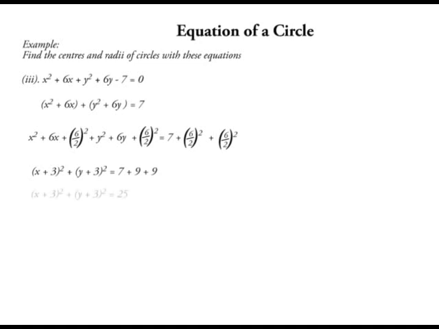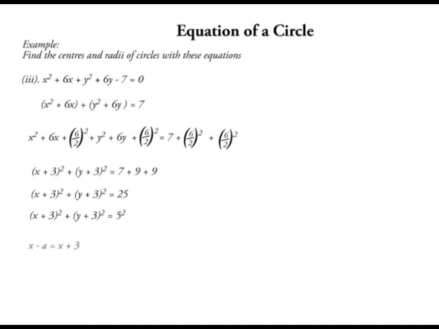So we shall have x plus 3 squared plus y plus 3 squared is equal to 25. 25 is the same as 5 squared.